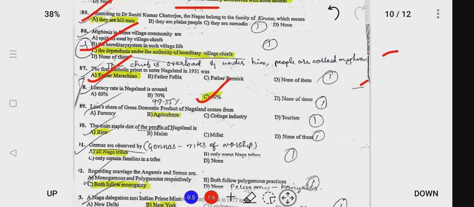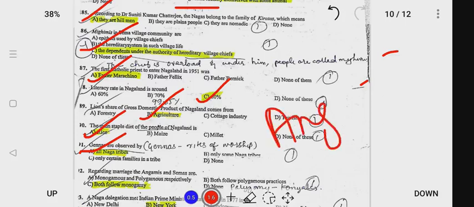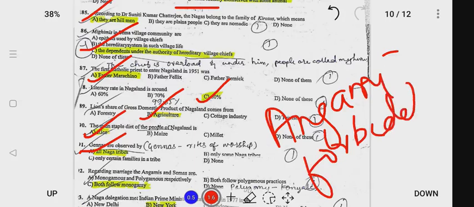Next, the lion's share of Nagaland's GDP is from agriculture. The main staple food of Nagaland is rice. Genas are observed by all Naga tribes. Genna is an Angami word which means forbidden.